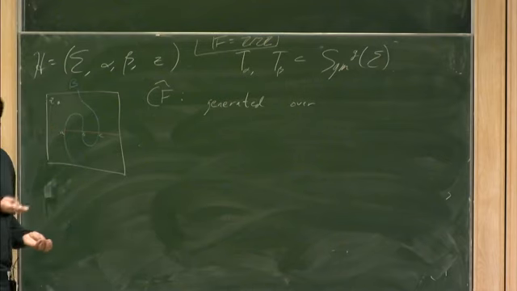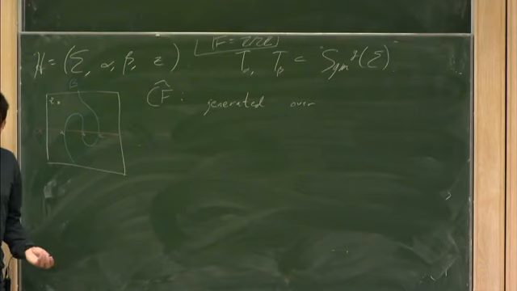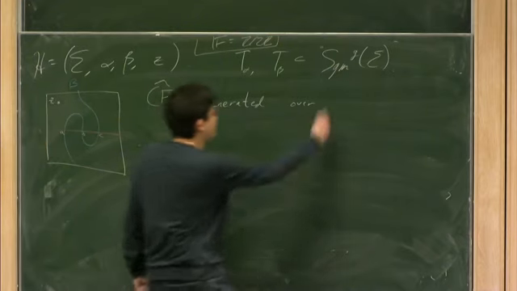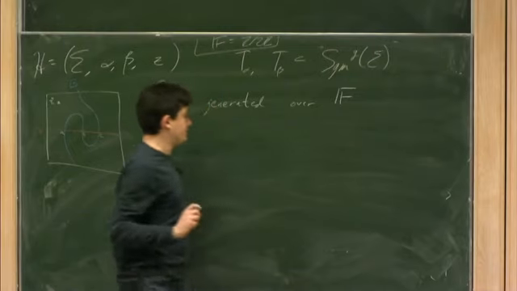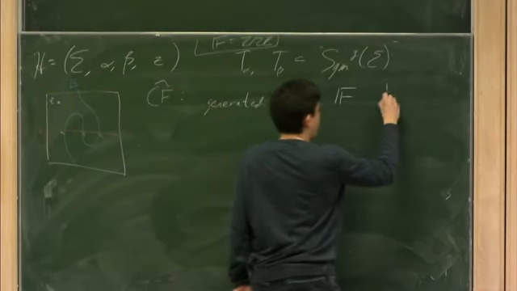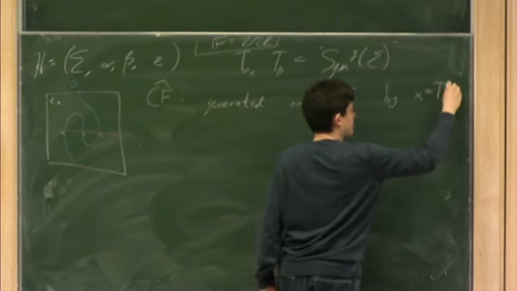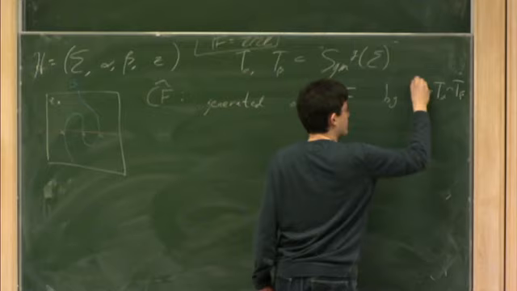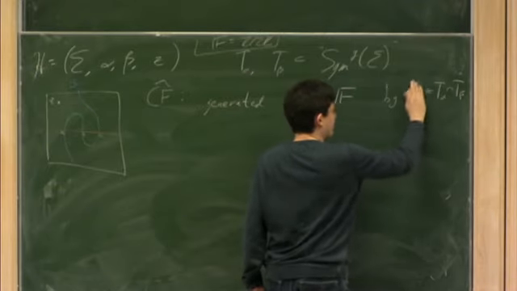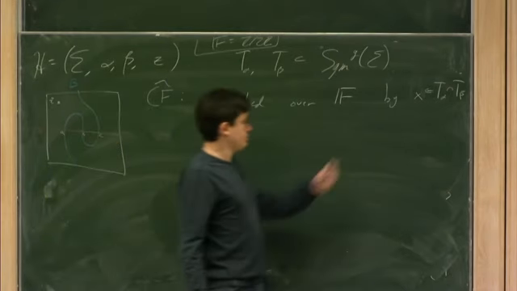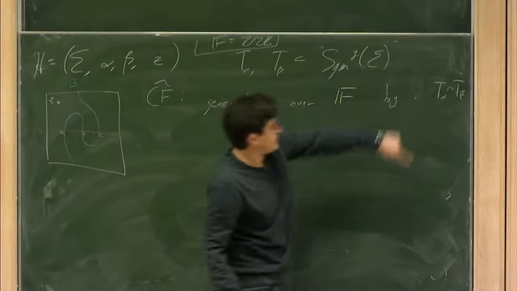I think that will be the convention for some of the other talks if we're bringing in various of these results. Anyway, CF hat is going to be generated over this ground field by all the points of T alpha intersect T beta.